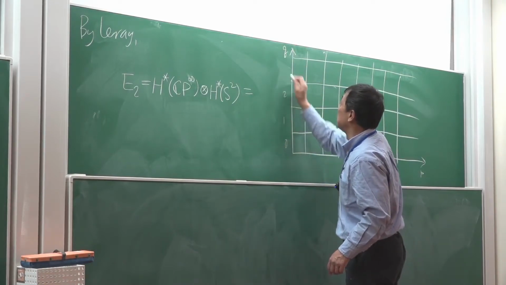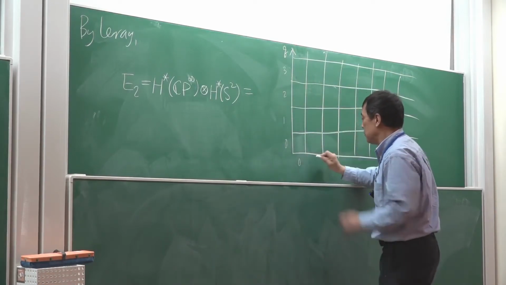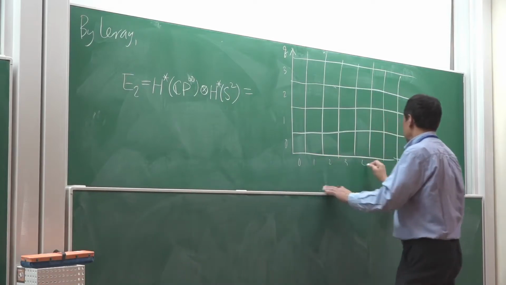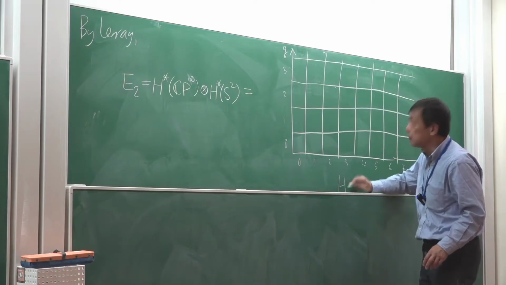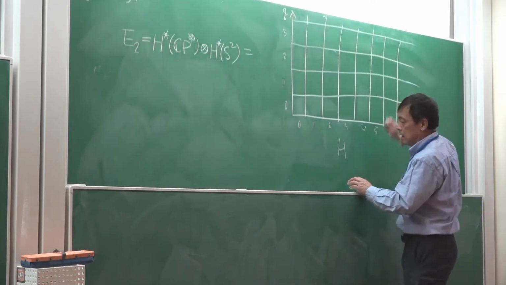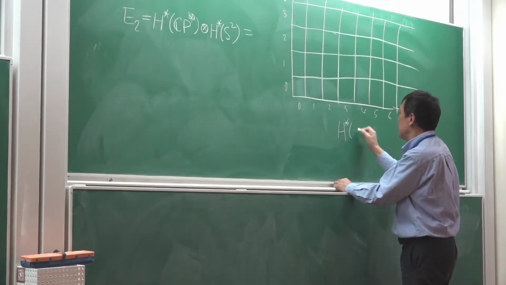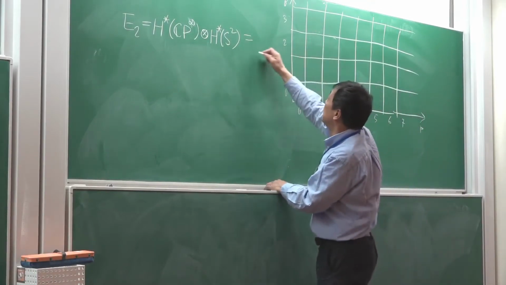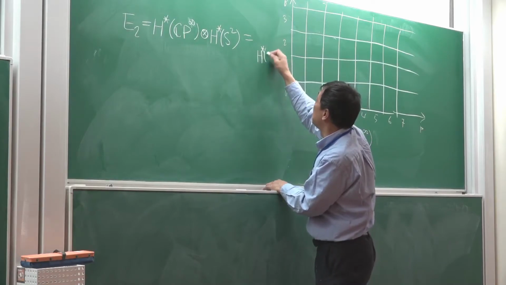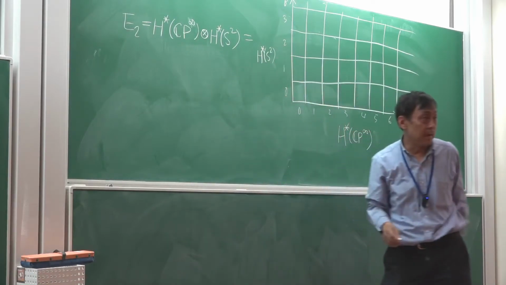Here you have 0, 1, 2, 3, and 0, 1, 2, 3, 4, 5, 6. Here you have the cohomology of CP infinity, and the 0th column is the cohomology of S2.